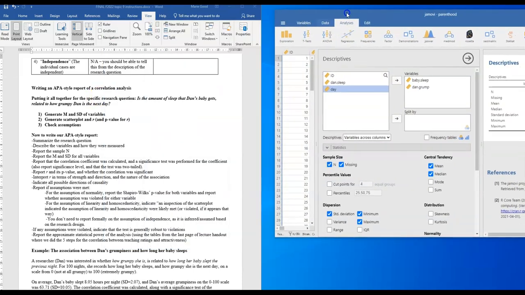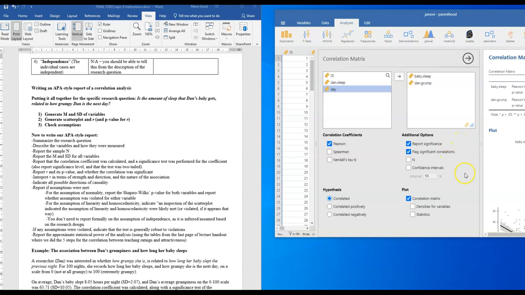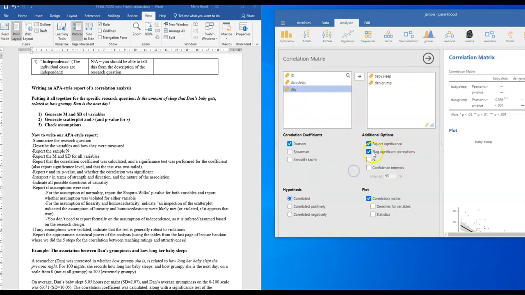Next, we're going to generate scatter plots and R, and also a p-value for R. We know how to do that by now. We go to regression, correlation matrix. Remember the research question is baby sleep and Dan grump. We're going to flag significant correlations. That just makes it easier. That's actually a really good technique.